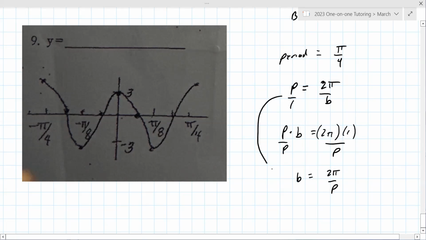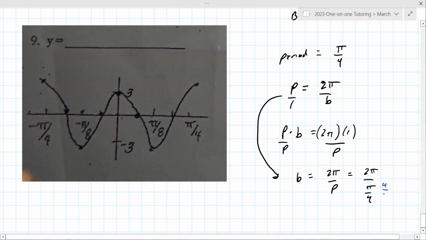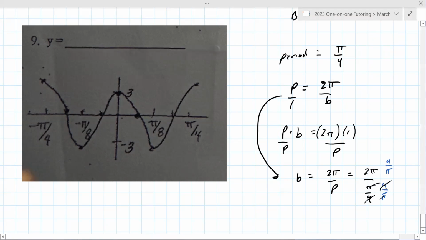Sometimes students get comfortable and go right to that step. So that's 2 pi over pi over 4. You have to multiply by the reciprocal. In the numerator you get a lot of cancellations, and you end up getting 8 for your B value.